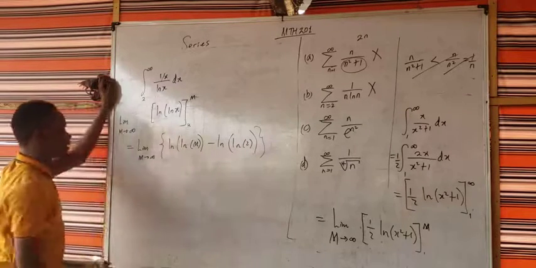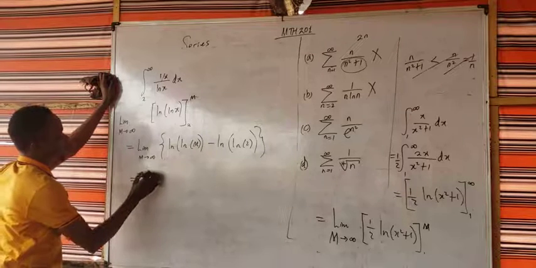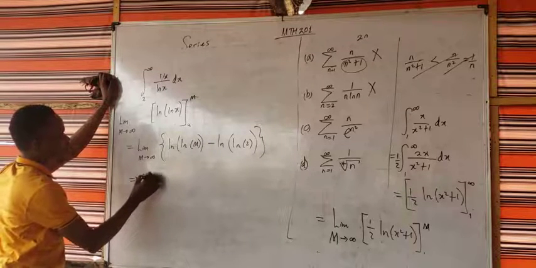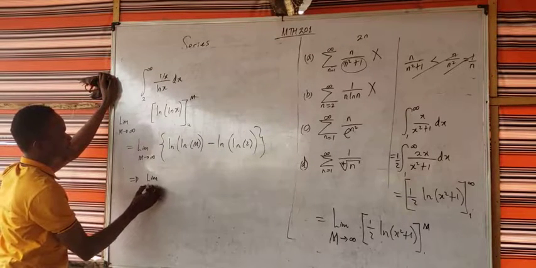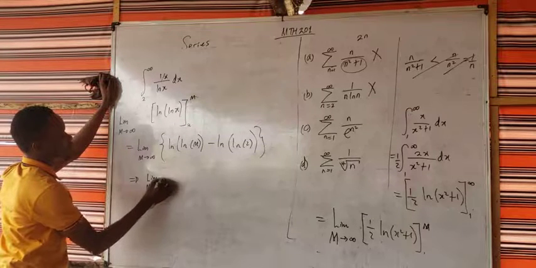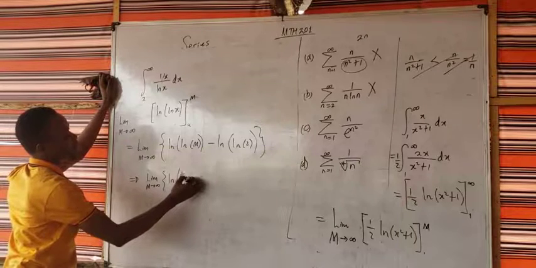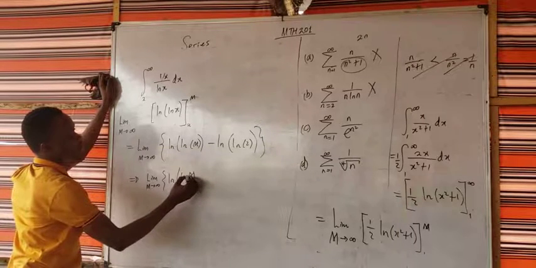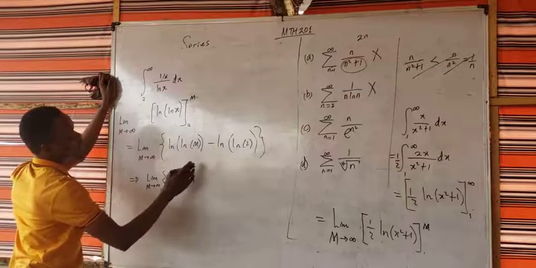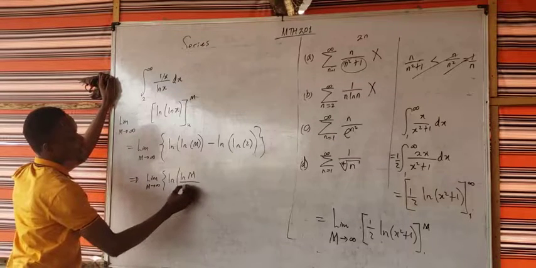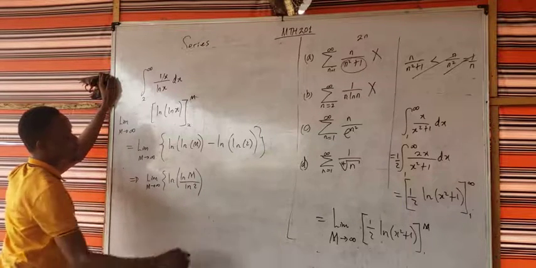Okay, so what would that give us? If you like, you can combine those two. This is going to be the limit as m approaches infinity of ln m over ln 2. Does it make sense? Yes.